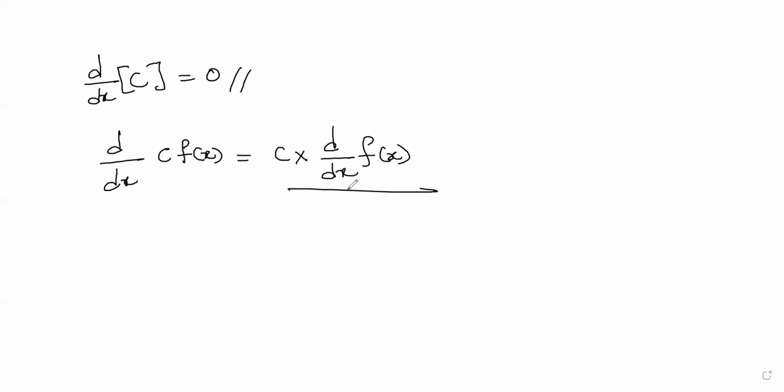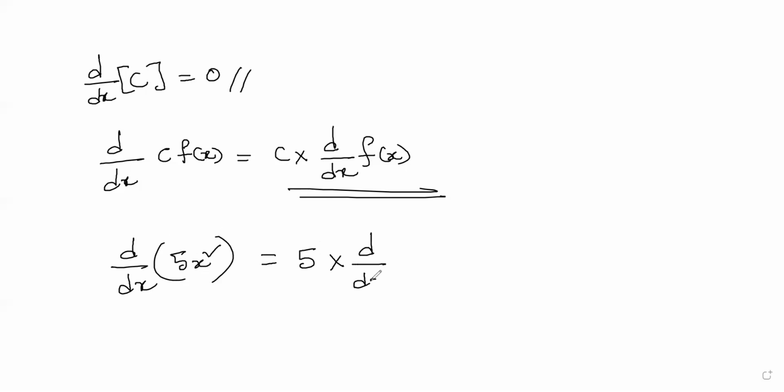Suppose you are asked to find d by dx of 5x square. 5 is a constant, so you take it out, and d by dx of x square automatically falls as 2x. 5 times 2x is 10x. Very quickly we should solve this problem.